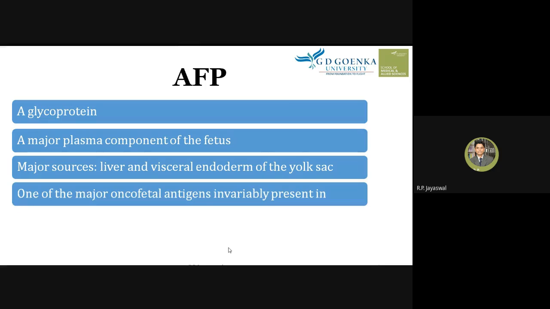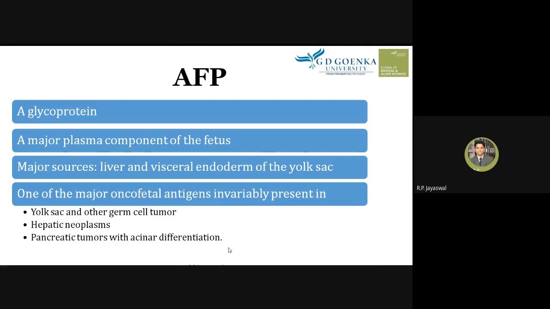It is one of the major oncofetal antigens invariably present in yolk sac tumor, germ cell tumor, hepatic neoplasm, and pancreatic tumor. Hence, apart from the fetus, alpha fetoprotein is also considered an oncofetal antigen, right? It helps to discriminate tumor of yolk sac, tumor of germ cell.